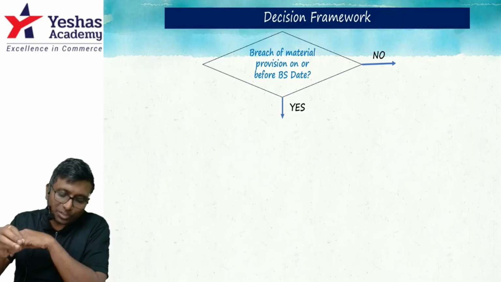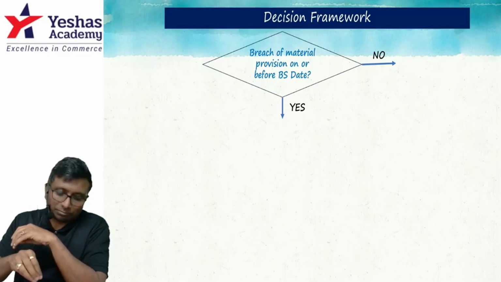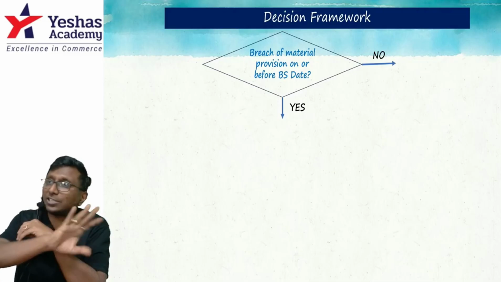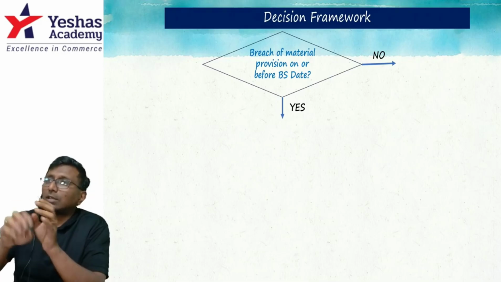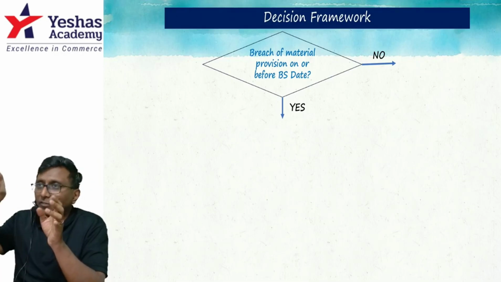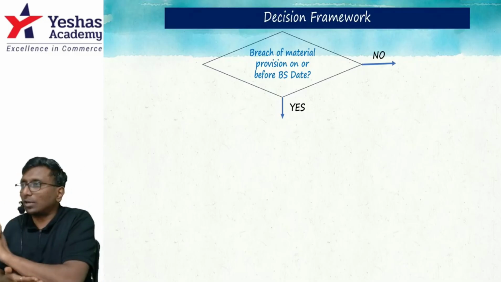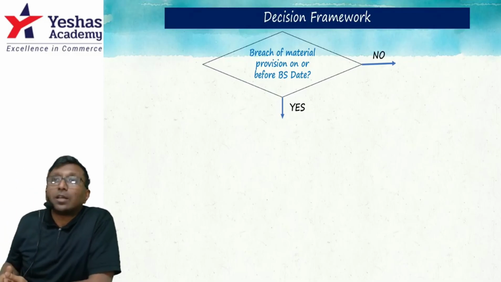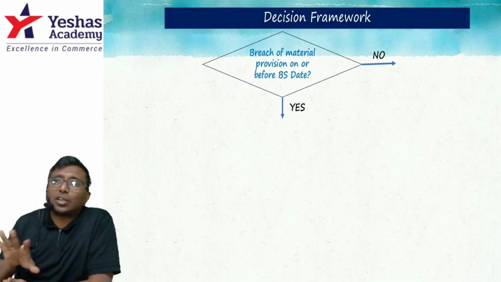Breach of material provision on or before the balance sheet date? If no, it means it happened after. After 31st March, the breach took place. So now look at no. What will be your classification? Adjusting and non-adjusting is secondary. Current and non-current, you tell.